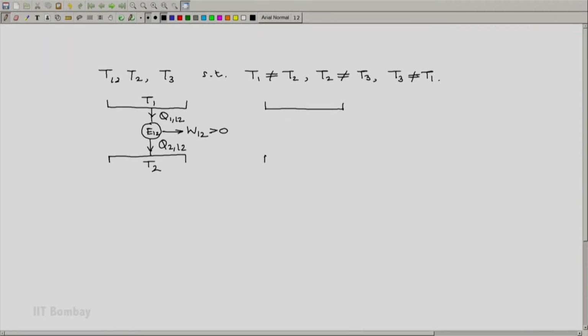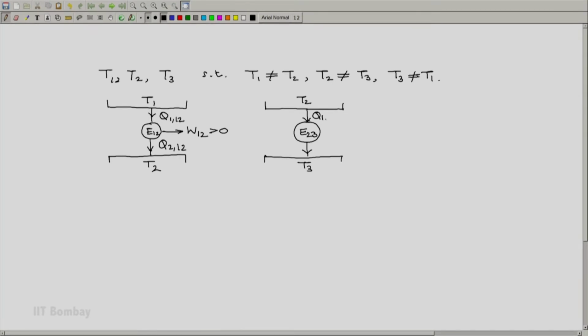And T2 and T3 are such that an engine E23 works between them like this.